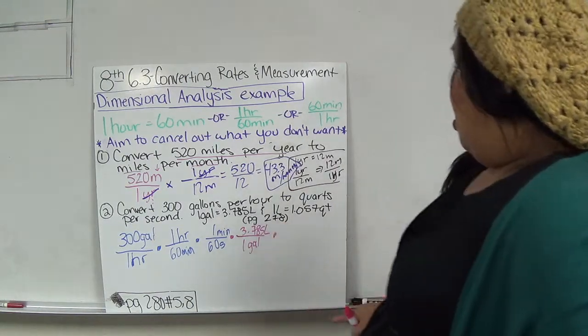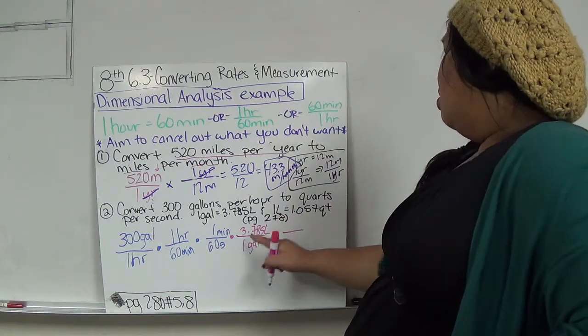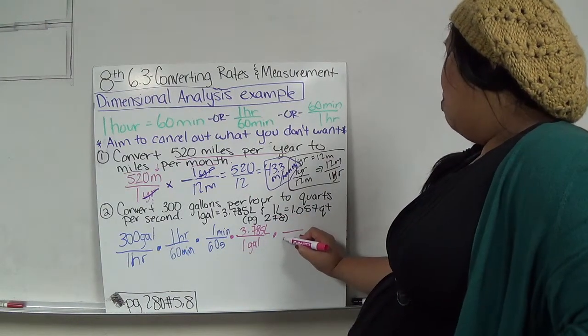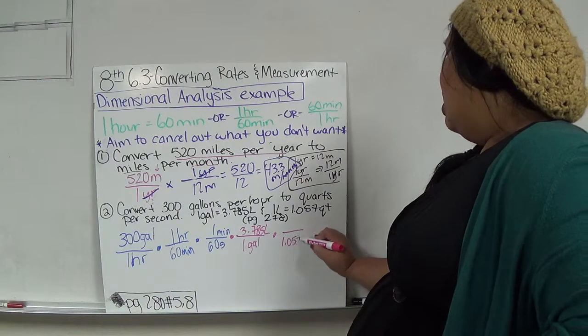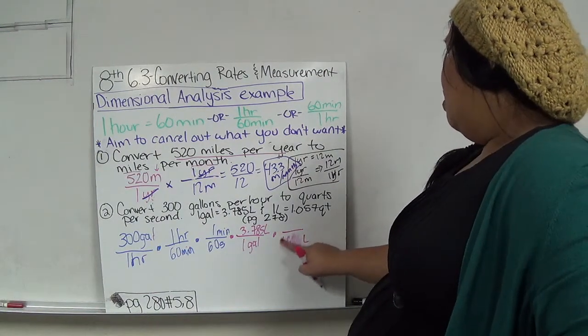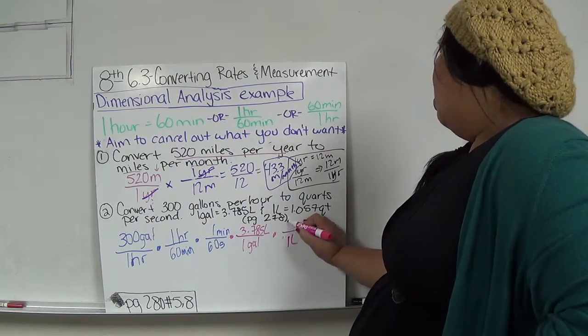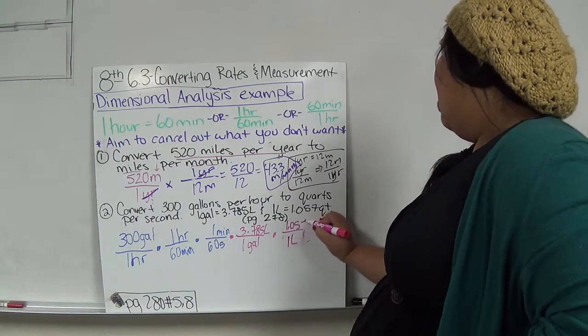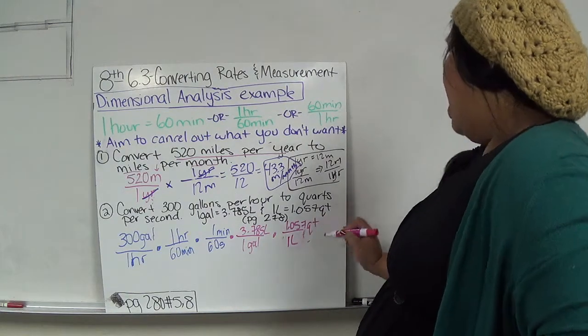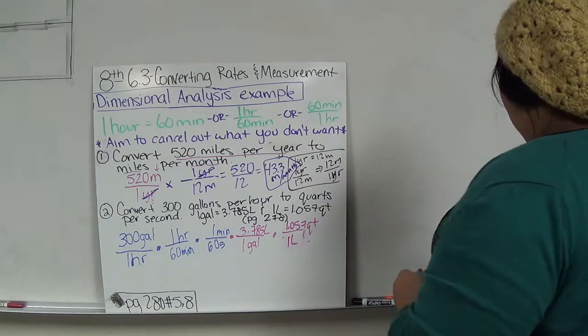And then, because I want to keep quarts but cancel out liters, because liters are on top, I'm going to put liters here on the bottom. 1 liter equals 1.057 quarts.